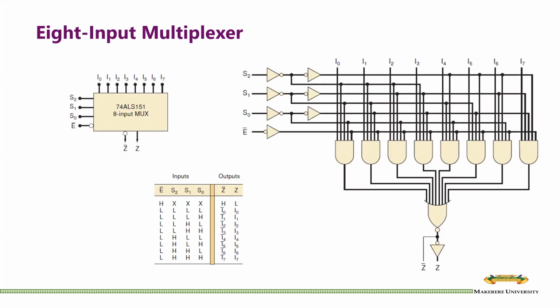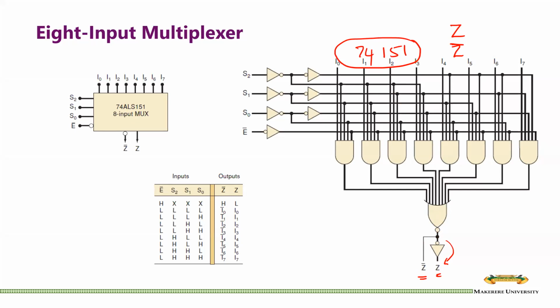This is an 8-input multiplexer. Its equation will be a bit more complicated, but this one actually is the 74151. We are going to see some applications of these in a moment. It gives you 2 outputs, Z and its inverse. So you can see that you have things coming in here into the NOR gate, and you have your inverted value, and you invert it again to get the normal value.